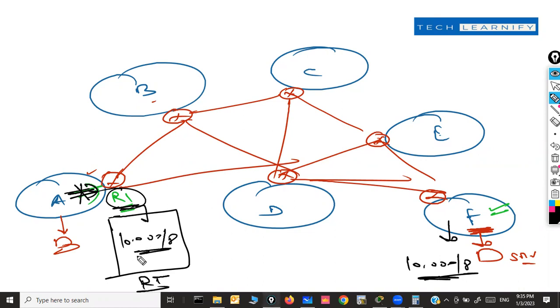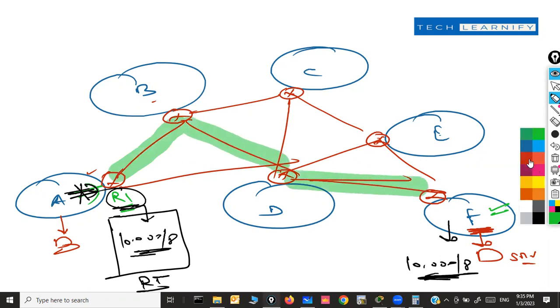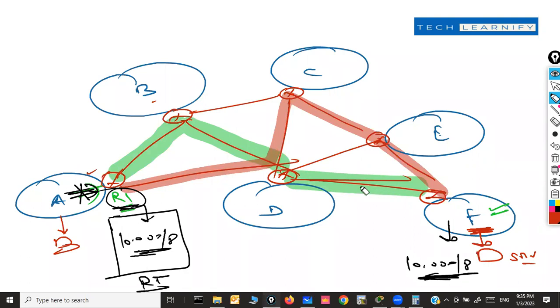Another important point to understand is that in order to reach the 10 network, there are multiple routes now. Which path should be chosen? Whether R1 should first send the packet to this network, then this network, and then this network, or take a different path, going first here, then here, then here, and then here, or going this way.